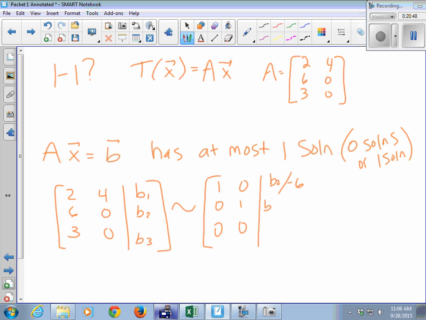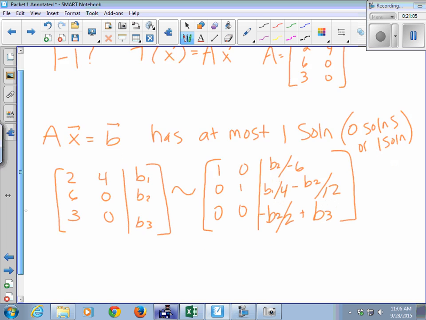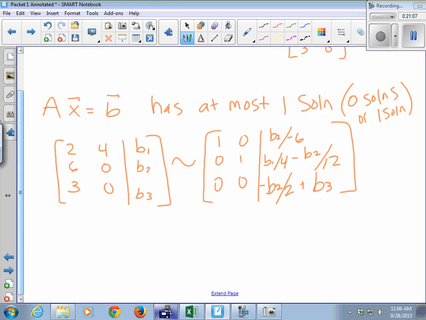You get B1 over 4 minus B2 over 12. And here you get negative B2 over 2 plus B3. I just did the row reduction algorithm by hand so that I could see what B1, B2, B3 turn into.